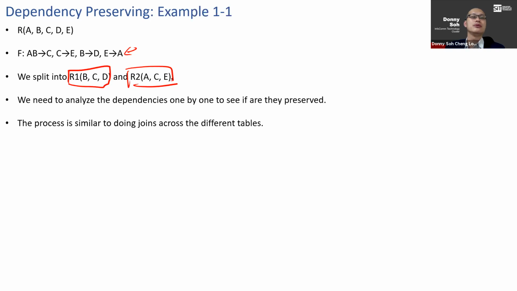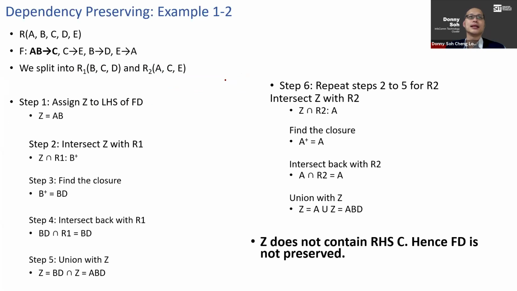If I want to see if the functional dependencies are preserved or not, unfortunately, we need to analyze them one by one. So this is a very sad and long process. It is similar to doing joins across different tables. We'll do it now.